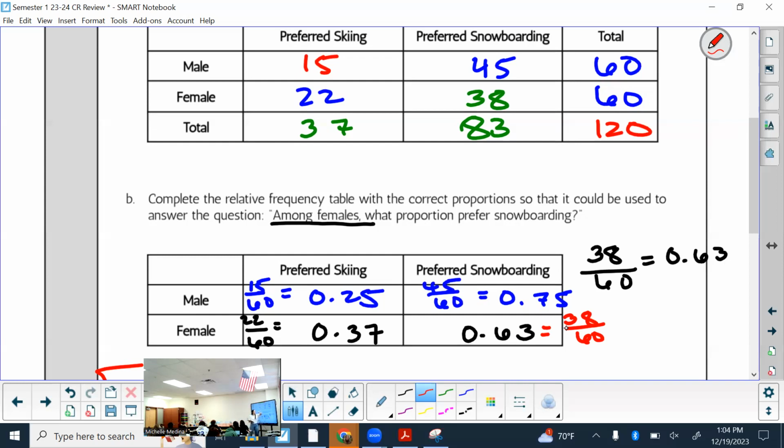But you should be dividing out of your total males. So for that part, it would be 15 divided by 60, and for this part, it'd be 45 divided by 60, which is how you fill that in. But the main thing they were asking is among females, what proportion prefer snowboarding? Does that make sense?